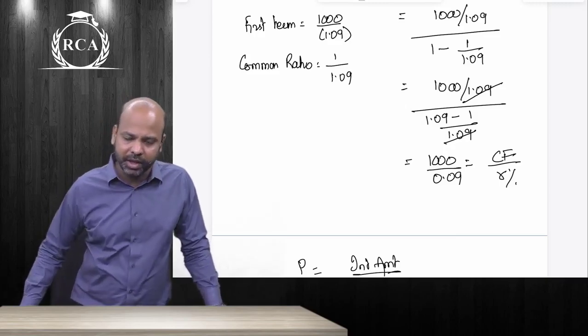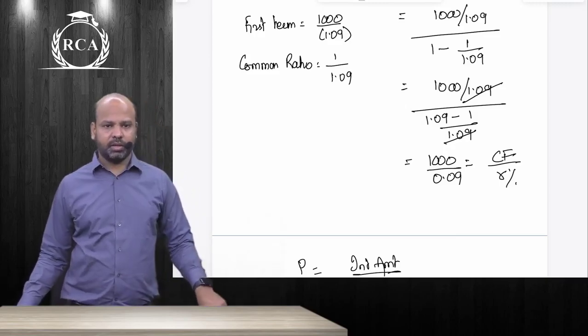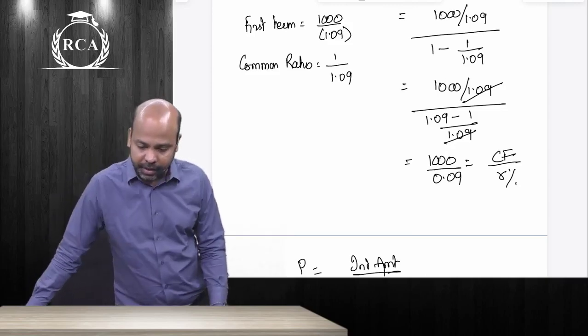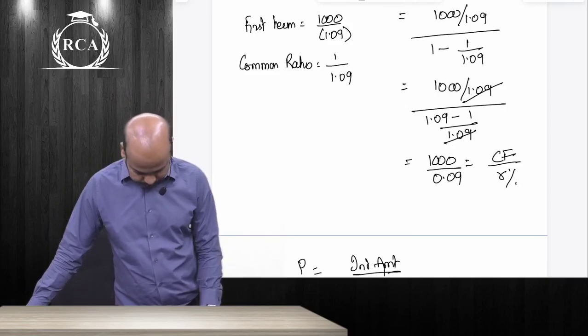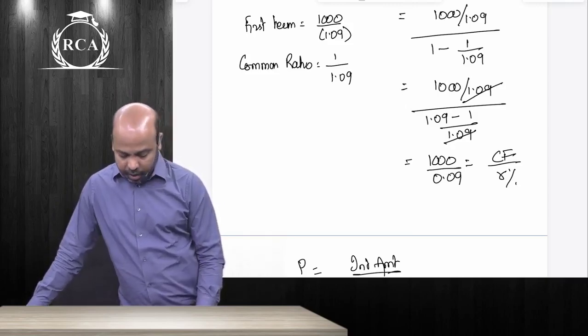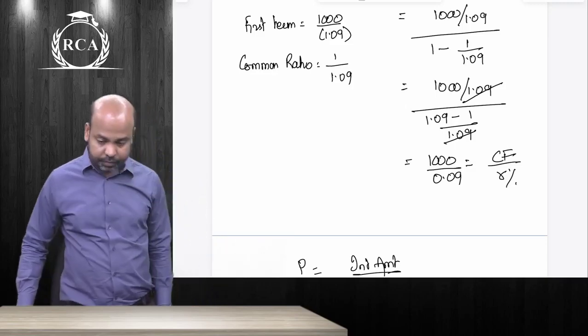Interest amount divided by cost of debt, interest amount divided by required rate of return. Write it, beta: interest amount divided by required rate of return.